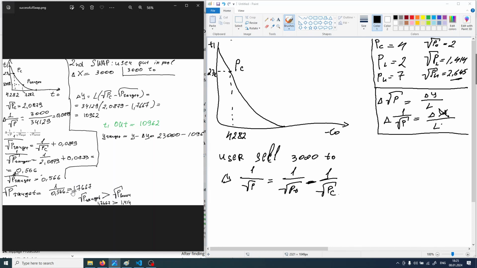Yeah, because if this target price is lower than P lower, then we have a problem. Maybe the swap is completed partially, maybe it reverts fully.